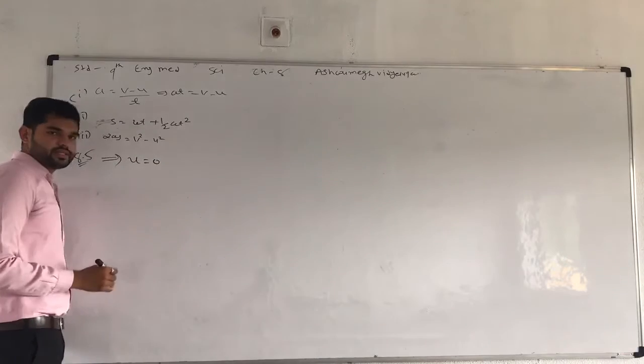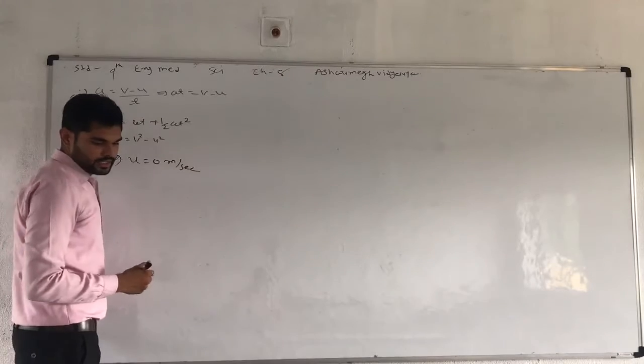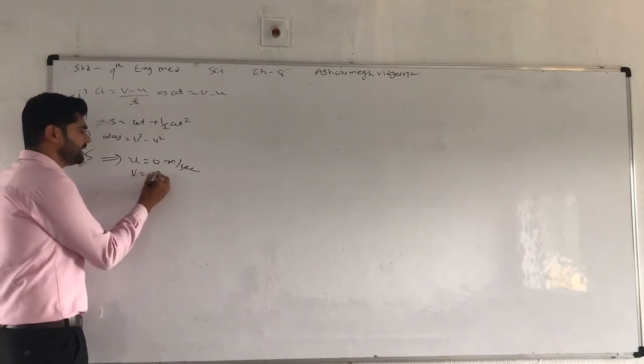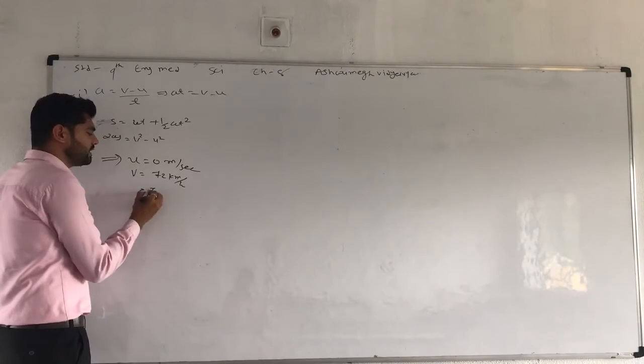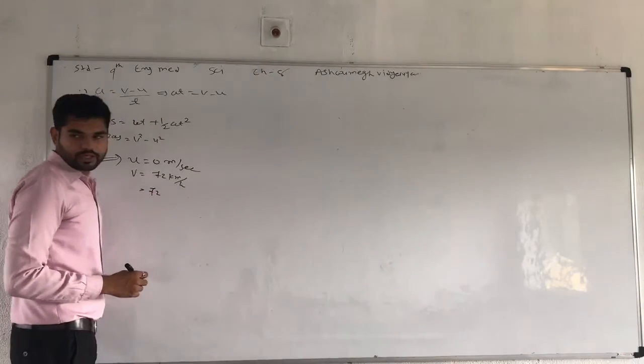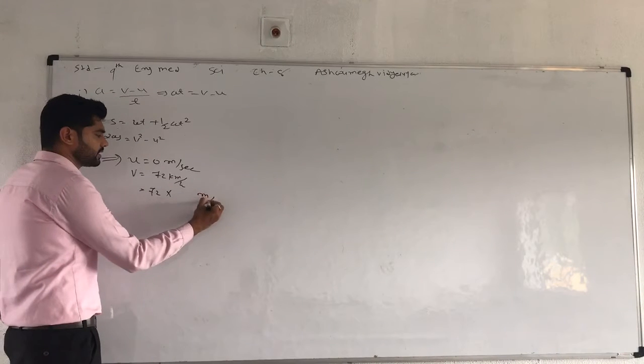Started from rest condition, it means u is equal to 0 meter per second. The value of final v is 72 km/h. Now convert it into meter per second. Therefore we convert kilometer units into meter per second by multiplying by 5/18. We know that 1000 divided by 3600 is 5 divided by 18. So kilometer per hour converted into meter per second, we multiply by 5/18.